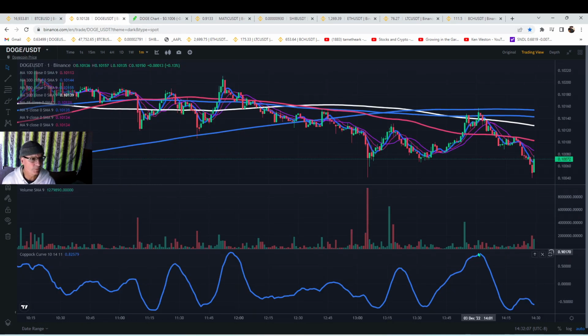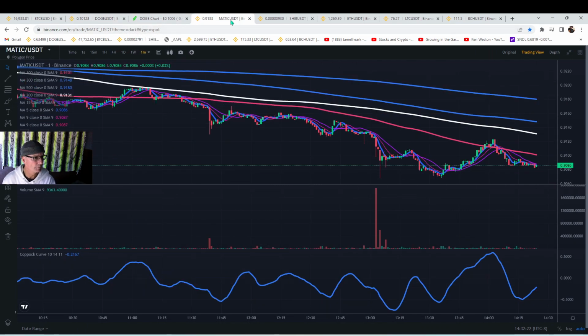Dogecoin 0.9 to 0.7 or so. Basically a smaller time frame. Let's see, Matic would have been up to 0.5 for its short-term top, and now it's down to 0.5.